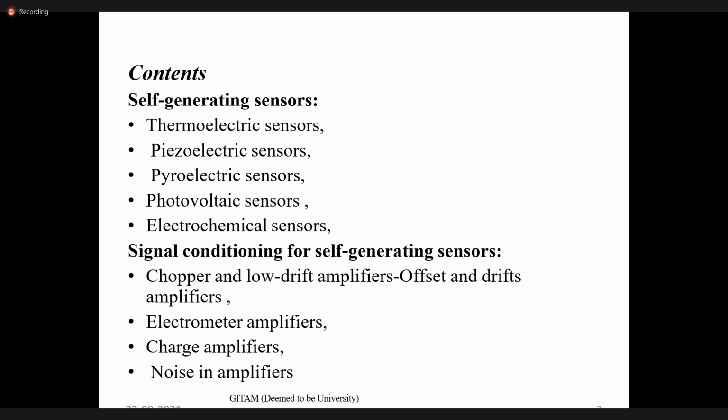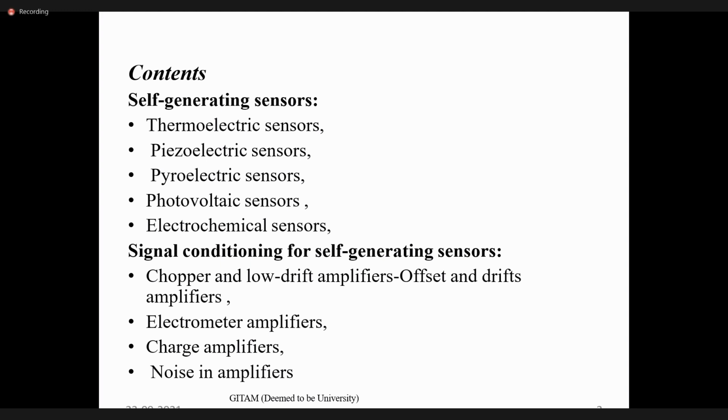Photovoltaic sensors use light energy. Photovoltaic cells use light energy. Sometimes they use light energy to sense other parameters. Sometimes they use light energy directly and estimate the received light energy.